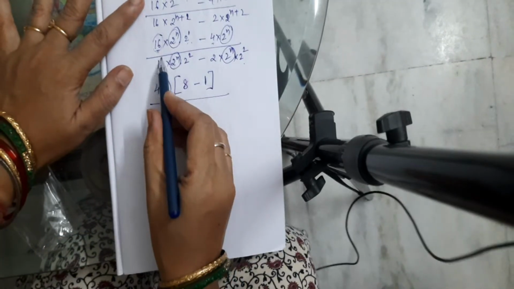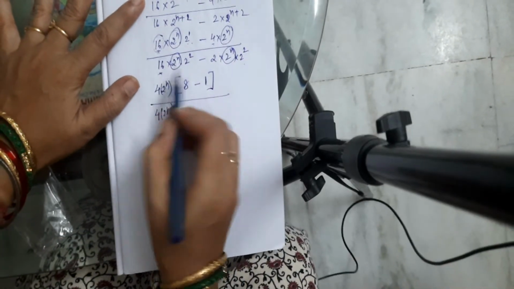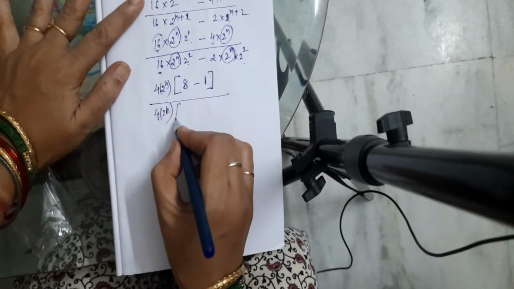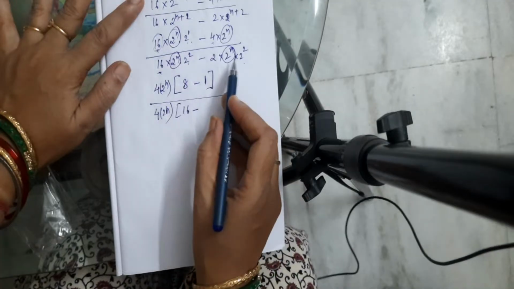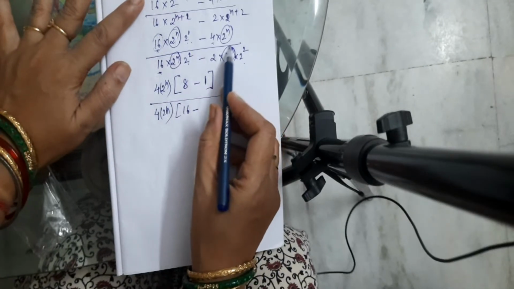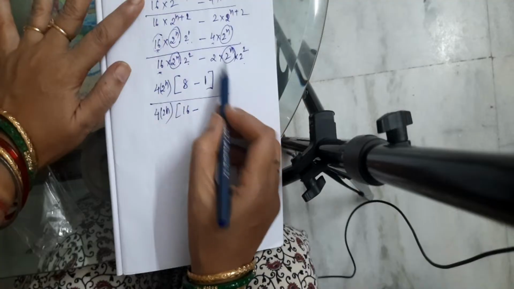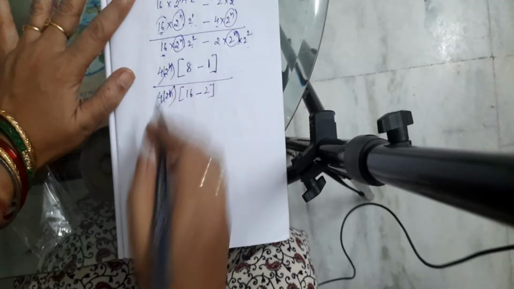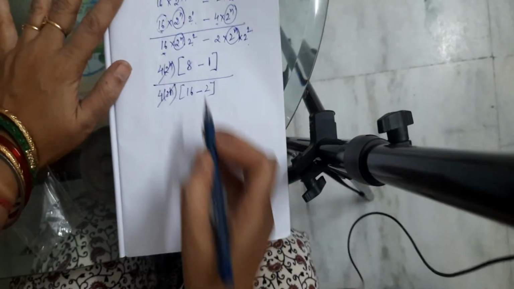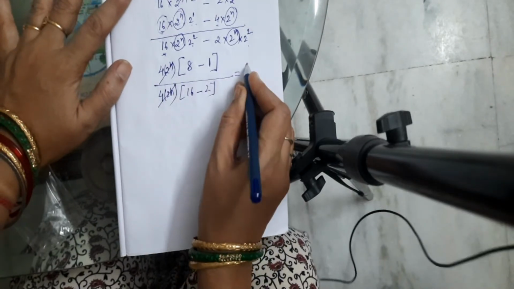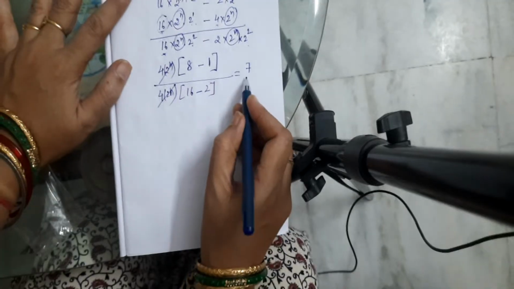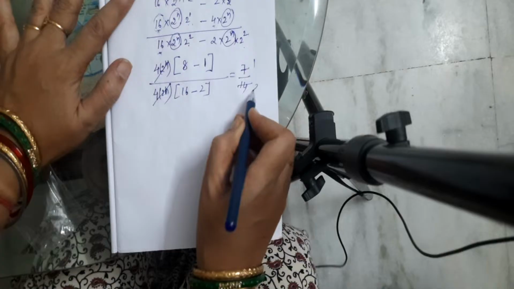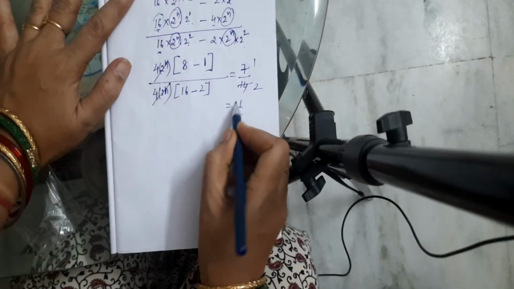After taking 4, one 4 is left and one more 4 is there, 2 squared, so 4 fours are 16, minus 2. The like terms will get cancelled. 8 minus 1 is 7, 16 minus 2 is 14. Now they will get cancelled, 7 ones are 7, 7 twos are 14. So the final answer is 1 by 2.